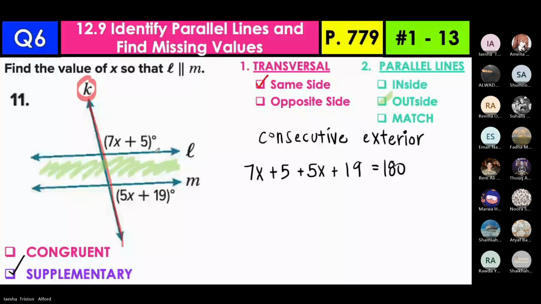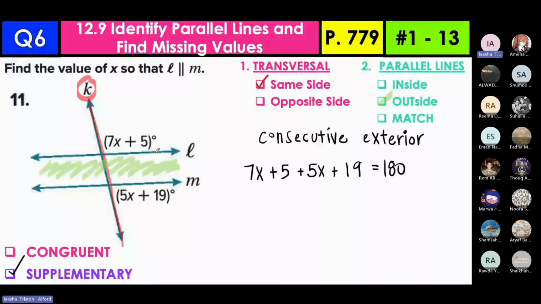Oh, okay. So you need to solve it, find x, and then you have the answer. But first, you need to say the name. Is it congruent or supplementary? Write the correct equation and then solve it. I'm sure you guys can do this one all by yourselves.